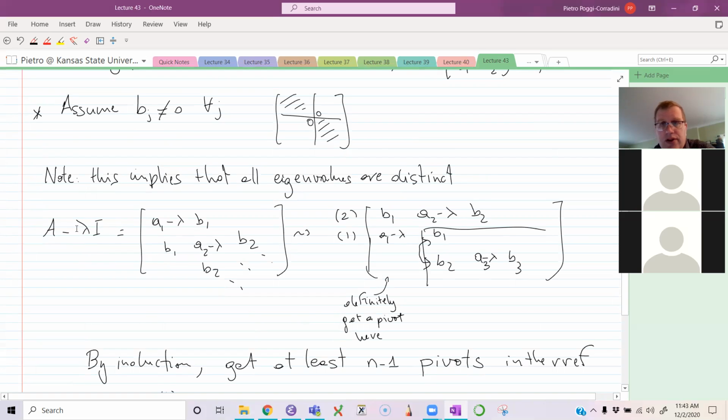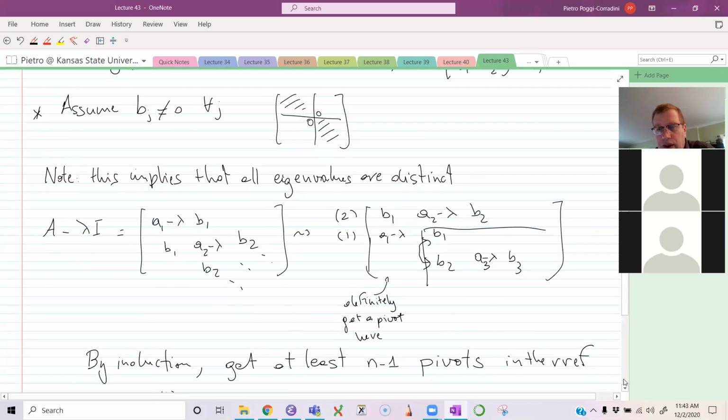So if the reduced row echelon form of A minus lambda I has at most 1 free variable, that means that the dimension of the eigenspace is at most 1. And that means that there cannot be 2 linearly independent eigenvectors sharing the same eigenvalue. Okay. Right.